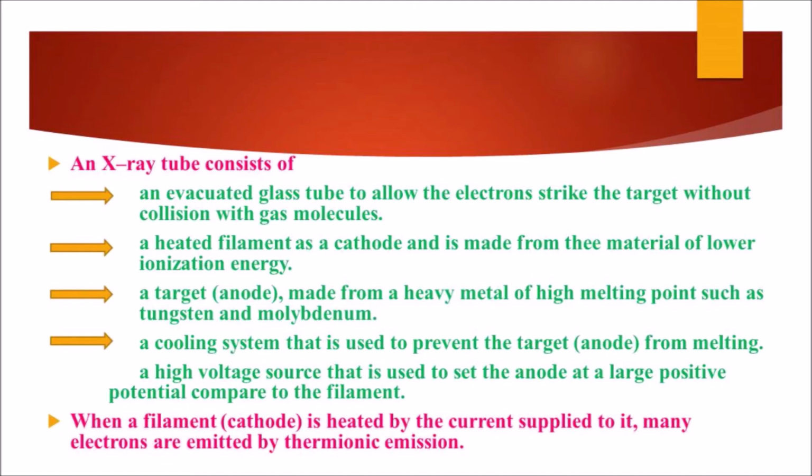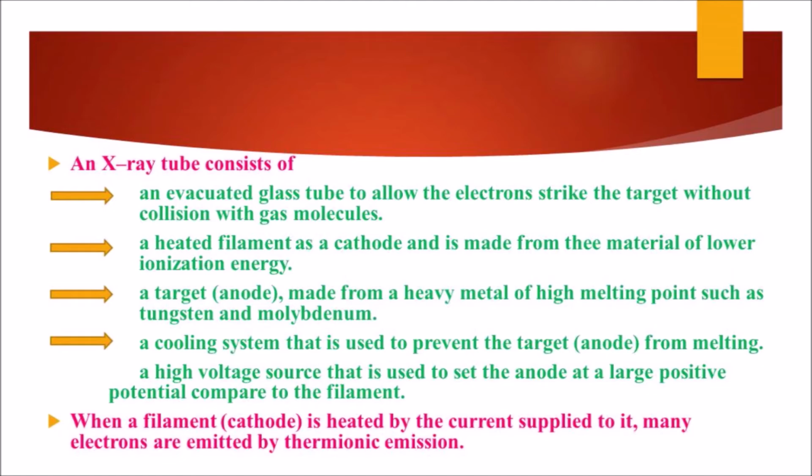A target, that is the anode, is made from a heavy metal of high melting point such as tungsten or molybdenum. A cooling system is used to prevent the target from melting. A high voltage source is used to set the anode at a large positive potential compared to the filament.